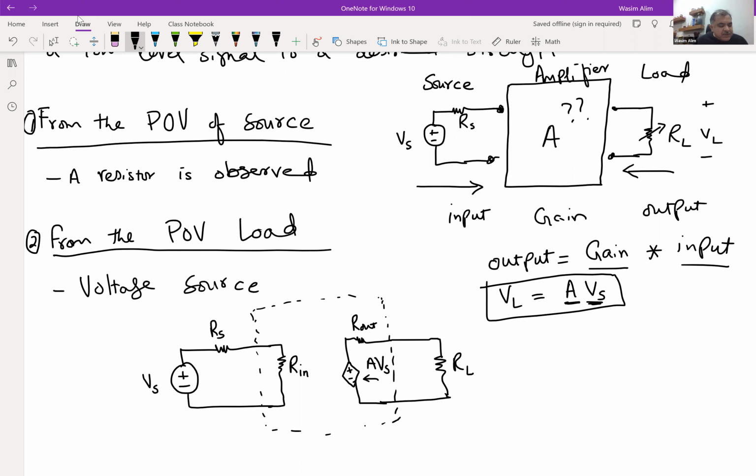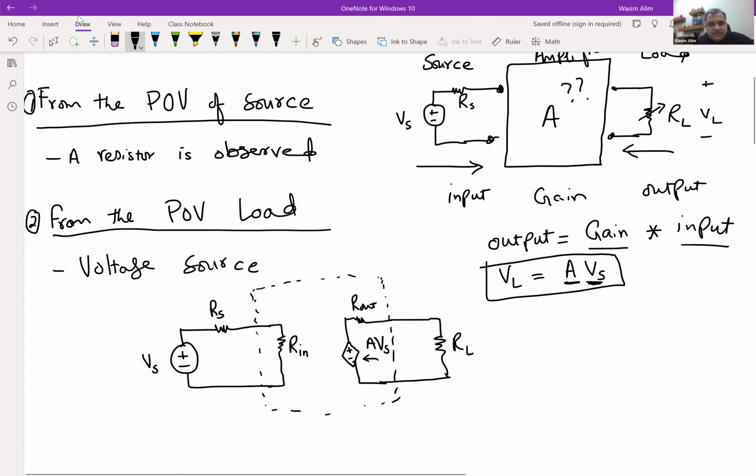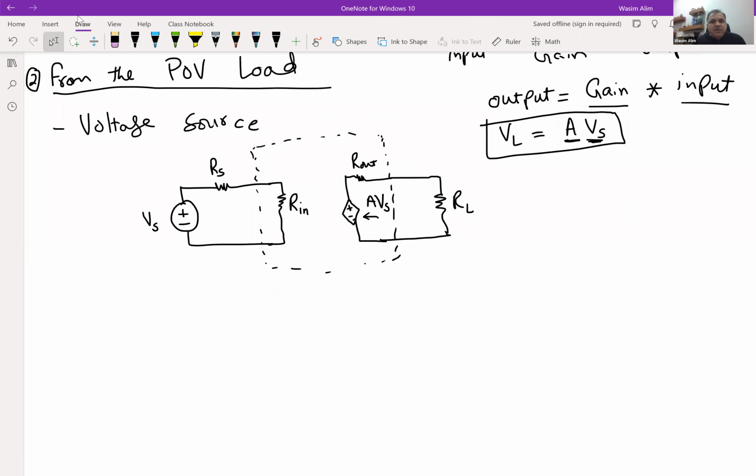Okay, so next we want to have certain assumptions about our input resistance, output resistance, and the gain, right? So in terms of ideal behavior. But before we do that, we also observe that this is my input voltage, okay?